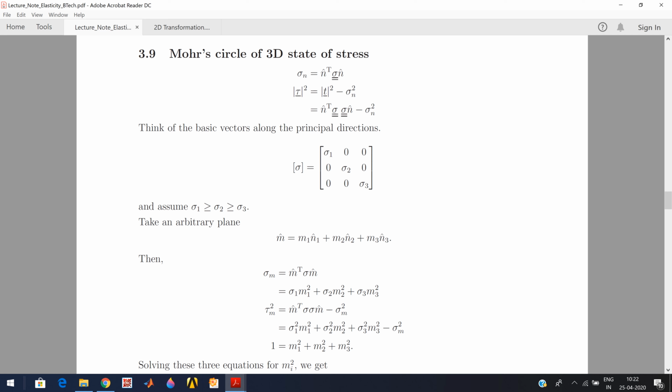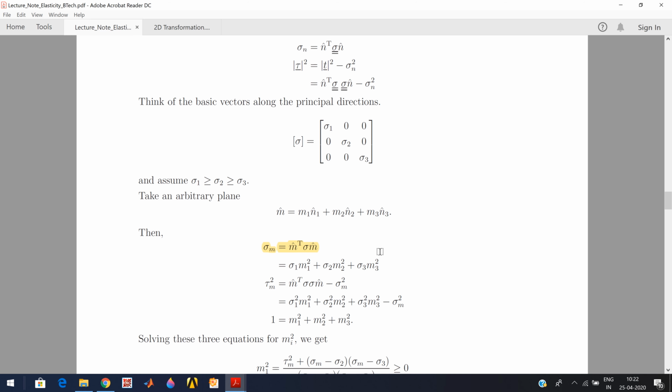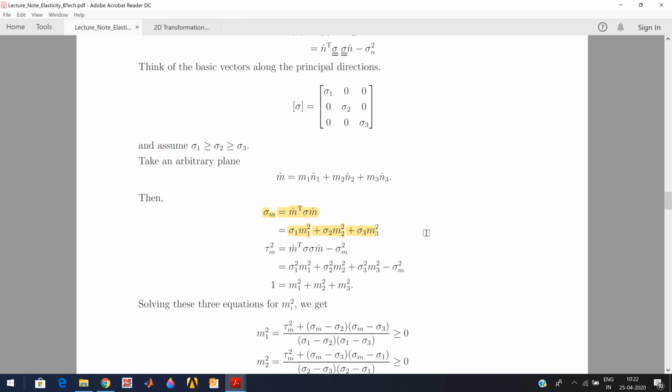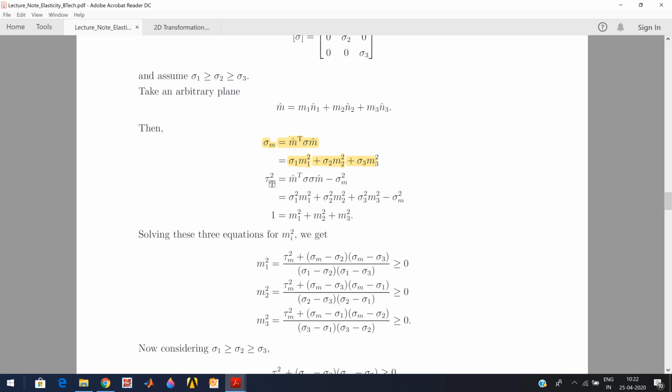So then we know the formula to get the normal stress and shear stress magnitudes. The normal stress is m transpose sigma m, which gives this relation, and then the square of the shear stress magnitude is defined as m transpose sigma m minus the magnitude of the normal stress squared, and that will give this expression.